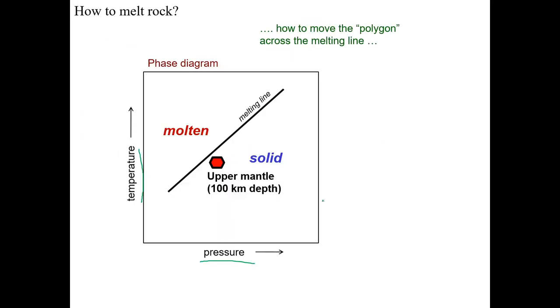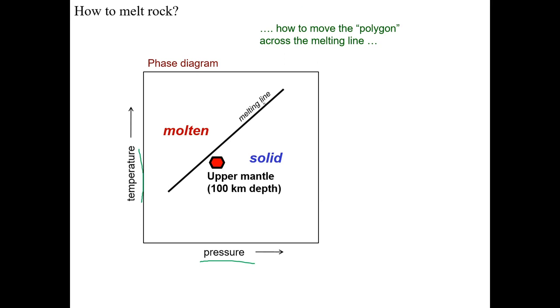So the melting temperature increases with pressure. That's probably a really weird concept for a lot of you, but it's really important for earth sciences. The temperature of melting increases with pressure.